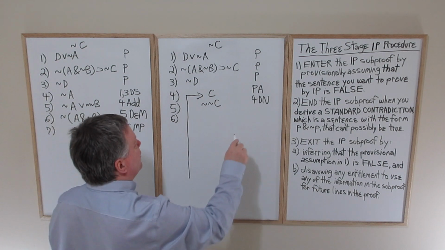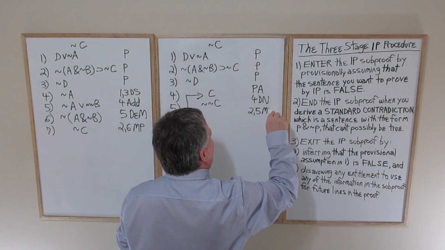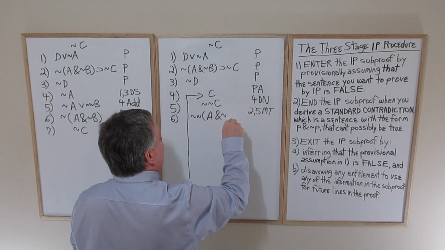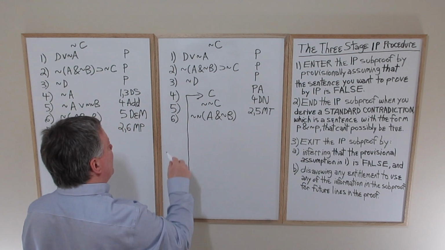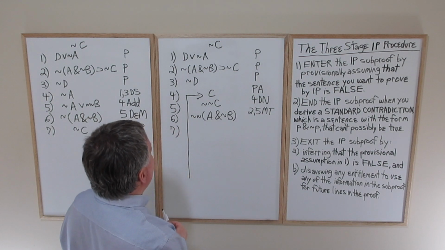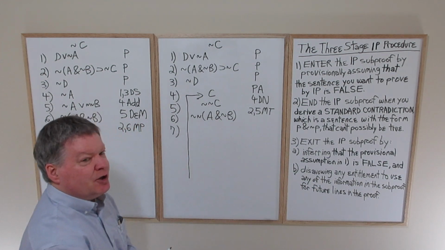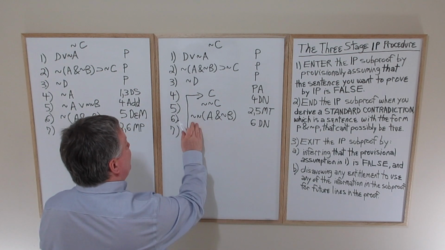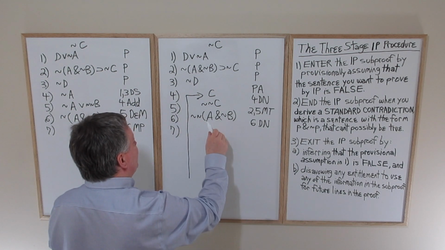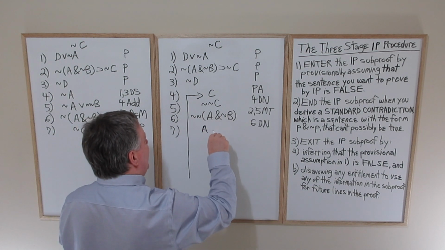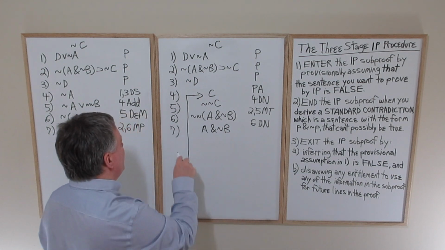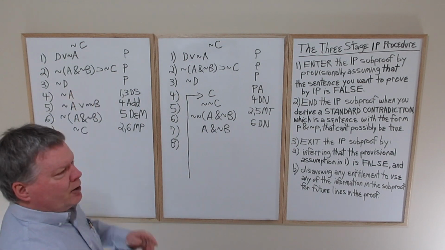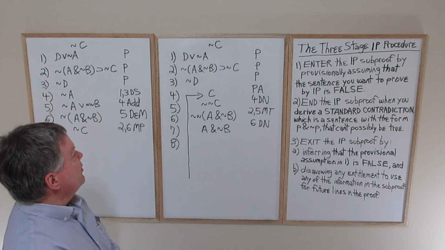Now, 2, 5 modus tollens will give us tilde A and tilde B. Then we can do a De Morgan's, or sorry, not a De Morgan's, just a double negation on line 6 to remove the 2 tildes and the brackets necessary to indicate that the innermost tilde ranges over the entire conjunction to get A and tilde B. Now, we have to do the disjunctive syllogism that we started this proof off with, because we are using the same information.